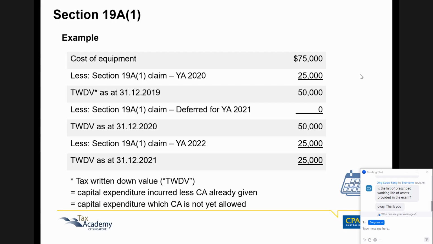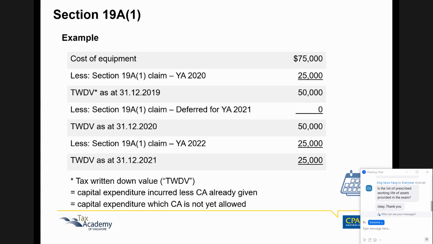So my first year, let's say my claim in YA 2020 is 75,000 divided by 3, which gives me 25,000. Then my tax written down value as at 31st December 2019, assuming the financial year of this company ends in December, will be 50,000.